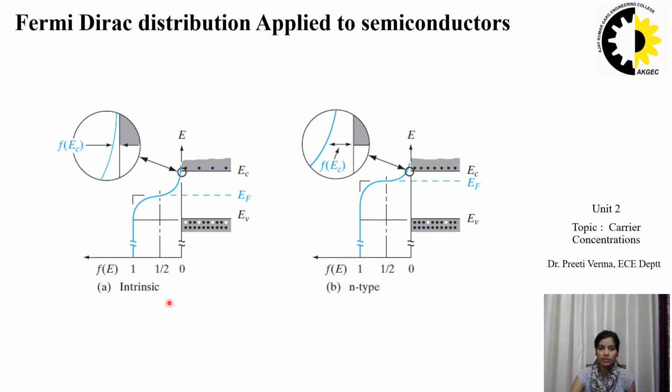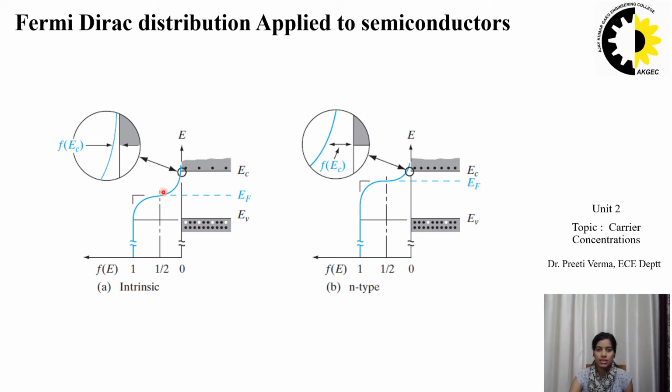The first one is for the intrinsic material, the second is for the extrinsic material, and that extrinsic material here is n-type material. Here we can see that Ev is the valence band energy level, Ec is the conduction band energy level, and in the middle we have the Fermi energy level, because for the intrinsic material we know that the Fermi energy lies at the center of Ec and Ev.